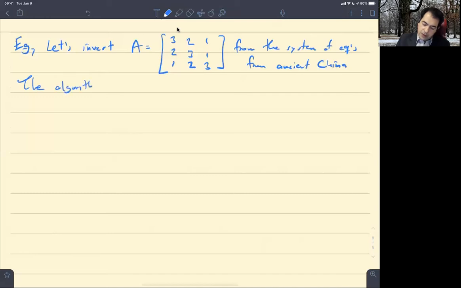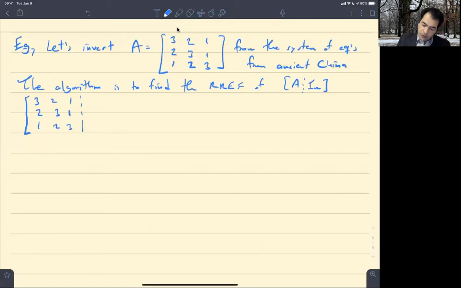Okay, so the algorithm is to find the reduced row echelon form of A augmented with I. So you would start with 3, 2, 1, 2, 3, 1, 1, 2, 3, and you'd augment this with the identity.